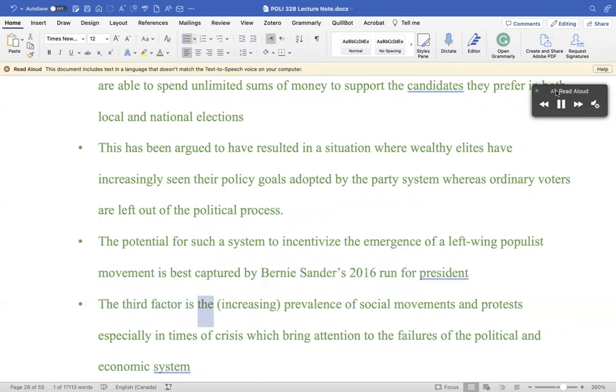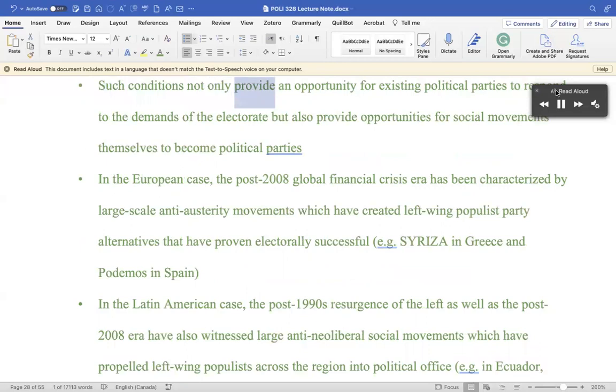The third factor is the increasing prevalence of social movements and protests, especially in times of crisis, which bring attention to the failures of the political and economic system. Such conditions not only provide an opportunity for existing political parties to respond to the demands of the electorate, but also provide opportunities for social movements themselves to become political parties.